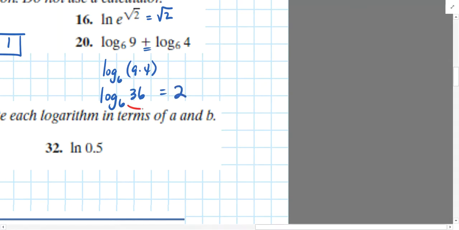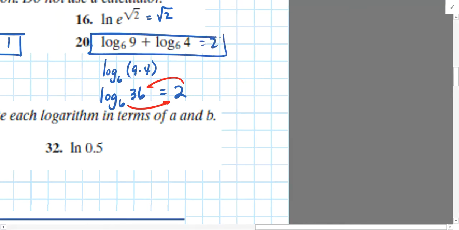I know that that's equal to 2 because 6 squared equals 36. At this point, hopefully you are starting to do some of these logarithms mentally now, and you can answer some of the more simple ones, especially those with small whole number answers. So here again, we didn't know what log base 6 of 9 or log base 6 of 4 was, but the sum of those two terms is equal to 2.